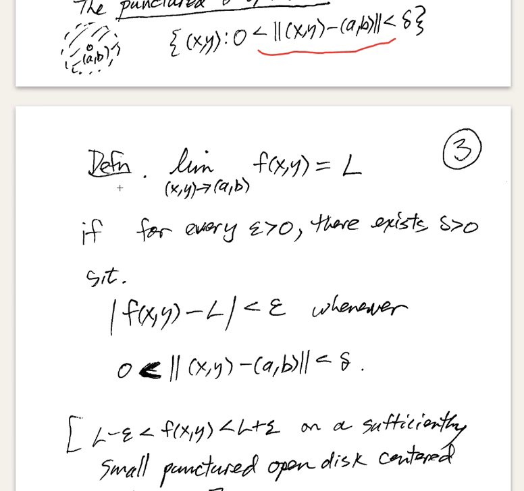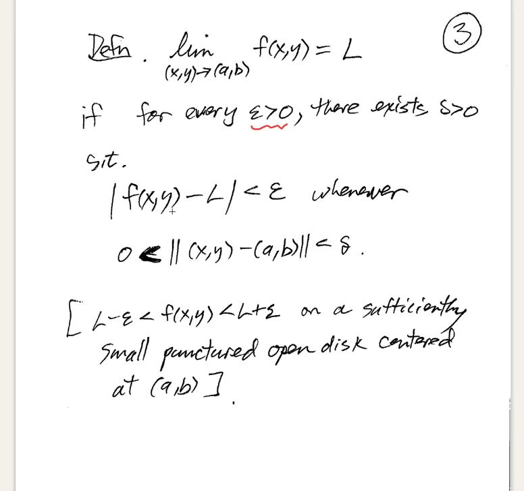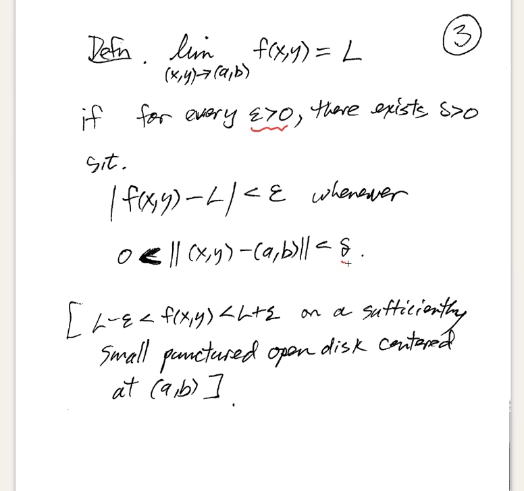Let's talk about the limit then. Our limit definition: the limit as (x, y) approaches (a, b) of the function f(x, y) equals L if for every epsilon greater than 0, which is a tolerance that I'm willing to accept in the difference between my function and its limit, there exists a delta greater than 0 such that the function value differs from L by less than epsilon whenever (x, y) lies within the punctured open disk of radius delta.